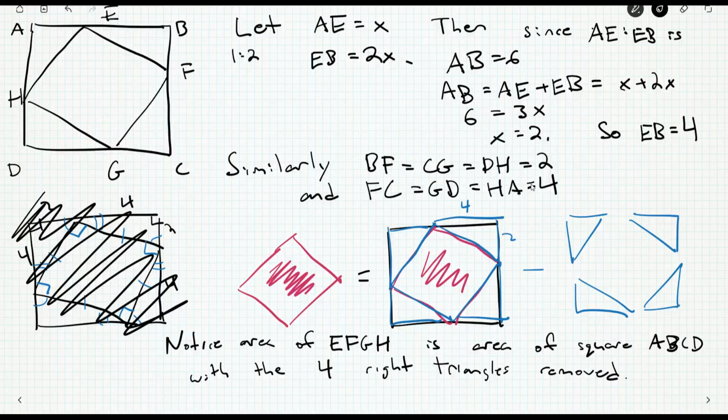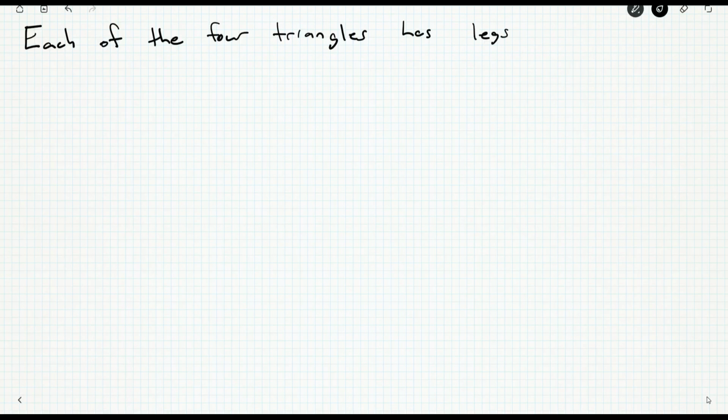You could even go a little further and say, well, based on this length work that we did, all of these are going to be the same. So we're going to make a note of that. Each of the four triangles has legs, which are the sides of the right angle triangle that are not the hypotenuse.